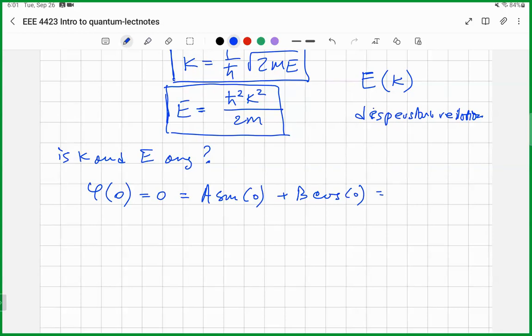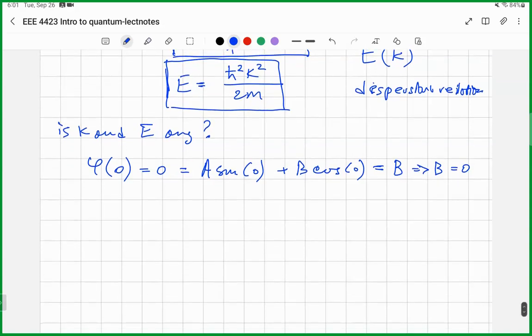So sine 0 is always 0. Cosine 0 is 1, so it's going to be equal to b. So we conclude that b is equal to 0. Okay, we don't need this b anymore.